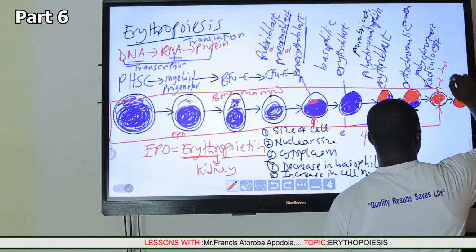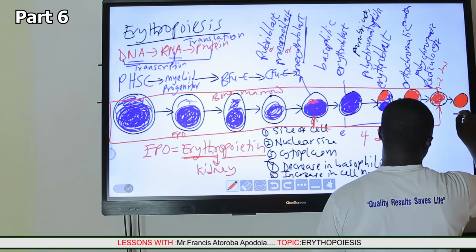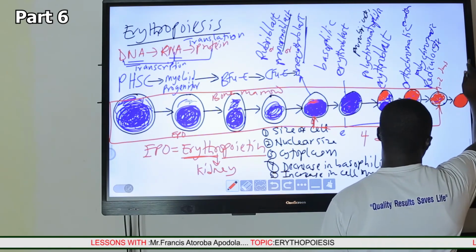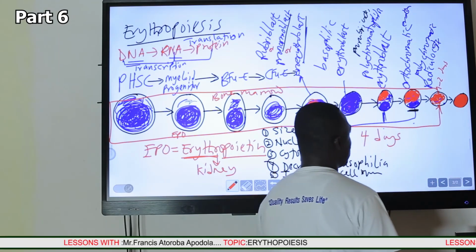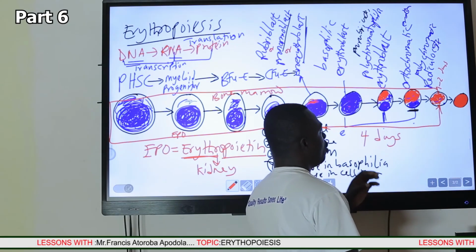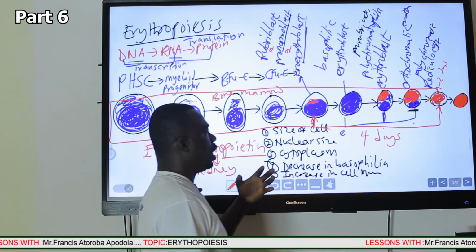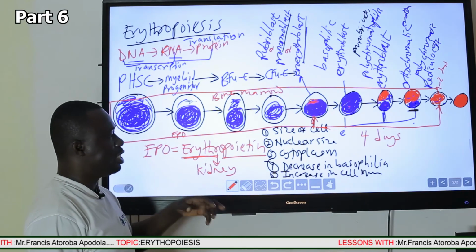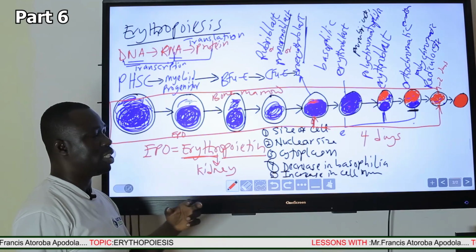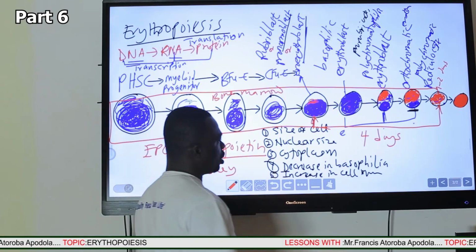Within the circulation, it spends 1 to 2 days there. So it will take 1 to 4 days before it can transform into a matured erythrocyte.